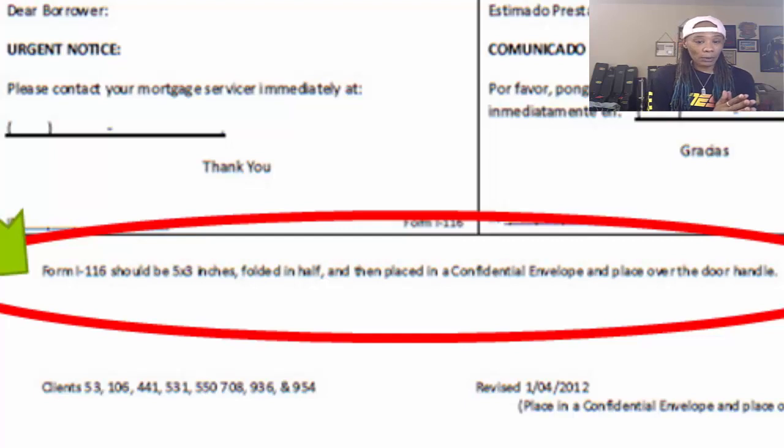We use different form numbers, and it tells you what client this form is used for, and how to deliver it. So basically, it's telling you this form I-116 should be 5 by 3 inches, folded in half, and then placed in a confidential envelope and placed over the door handle.